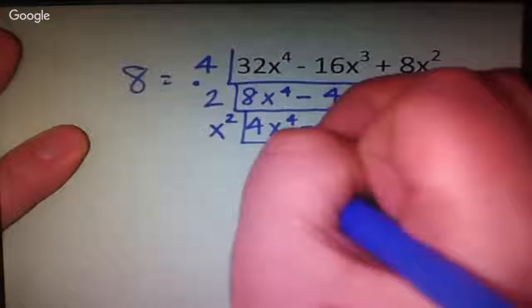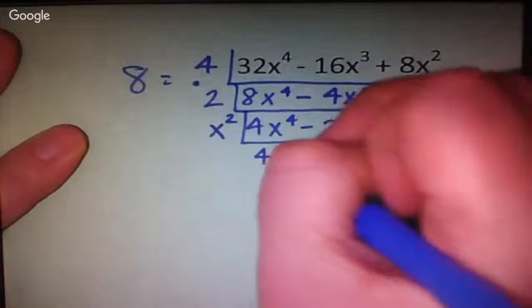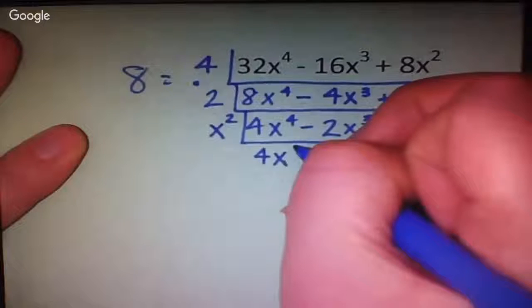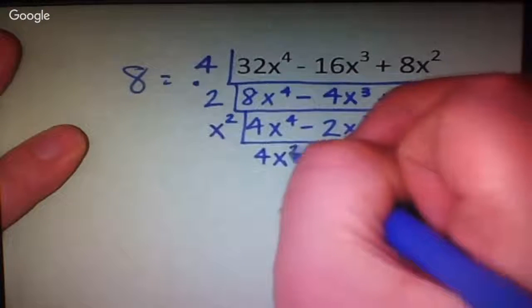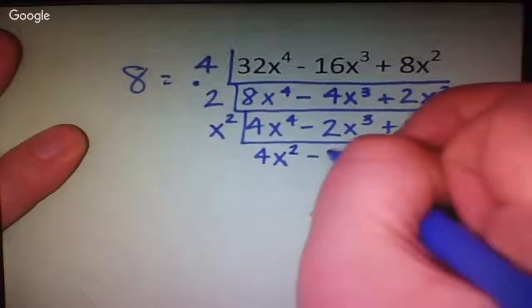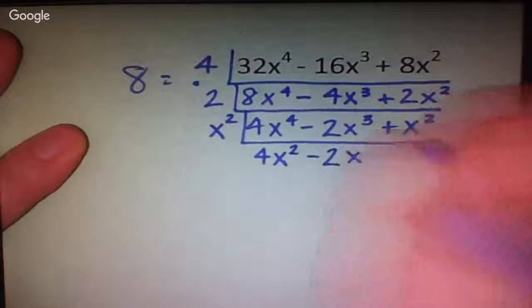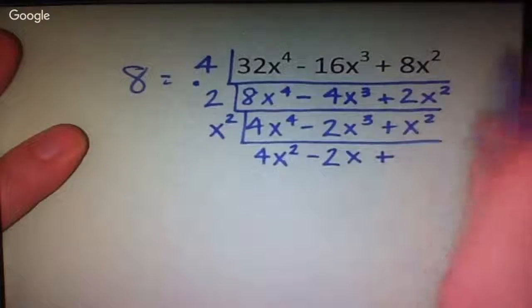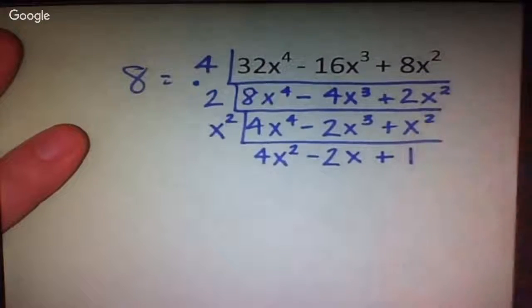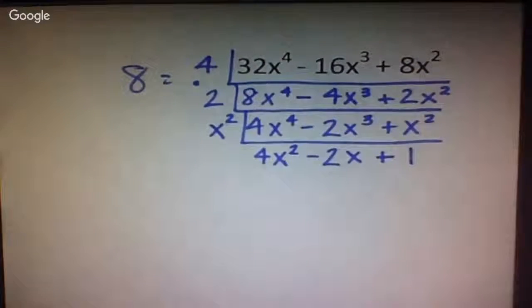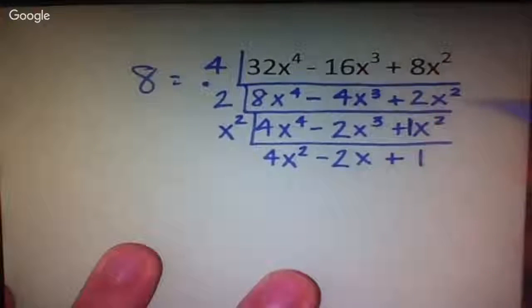When I pull out 2, this becomes 4x squared, 2x. Don't forget though, when I get rid of this x squared and nothing's left, there is an unwritten 1 there. Don't forget that coefficient of 1. A lot of people lose that. If you need to write the 1 here so you don't forget it, do that.